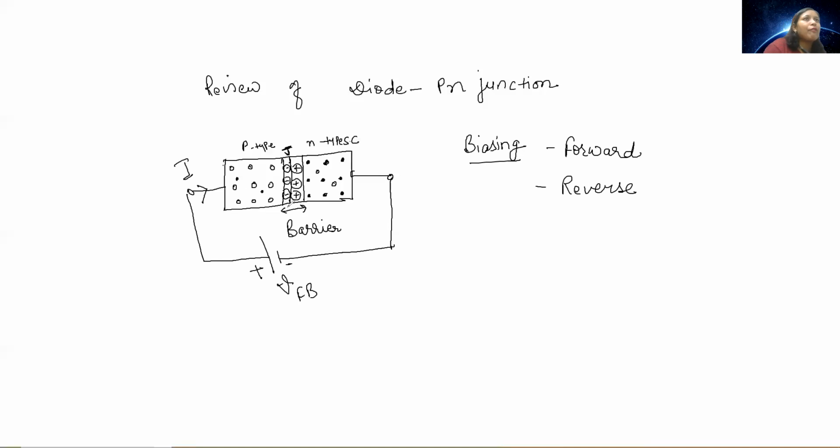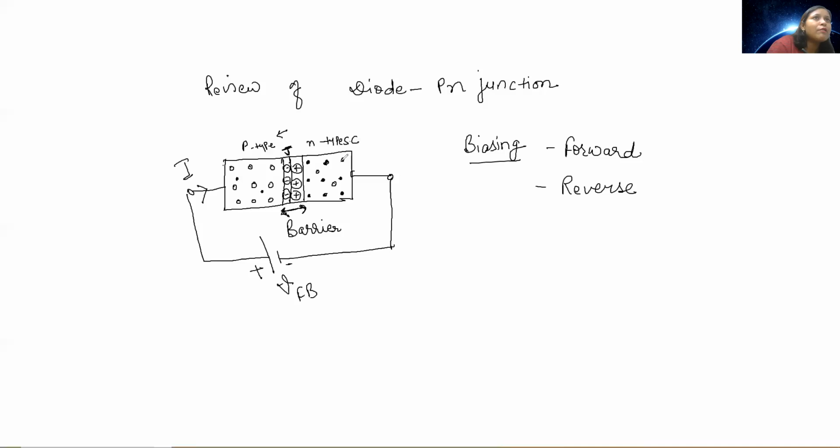How do we get the flow of current through the device? Let me tell you this. Initially, we had a barrier region at the junction which was not allowing the majority charges from p and n-type materials to cross the junction. If you focus only on p-type material, the holes, which are the majority charges of the p-type material, were repelled by the positive ions of the n-type semiconductor.